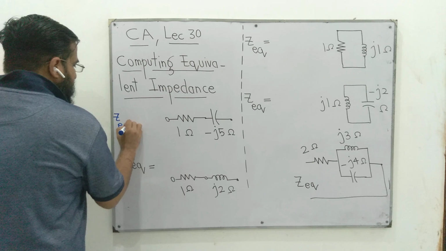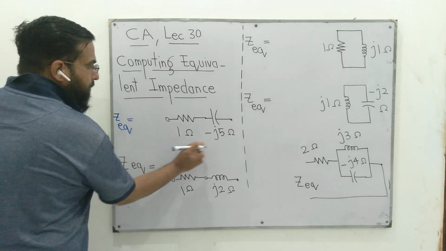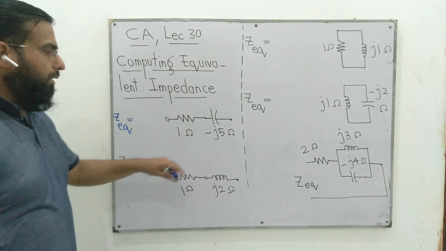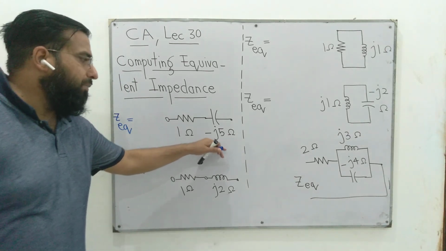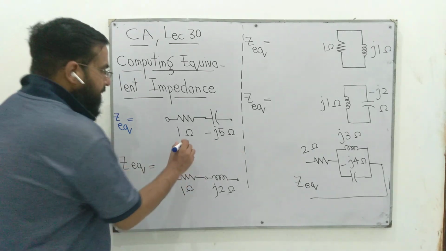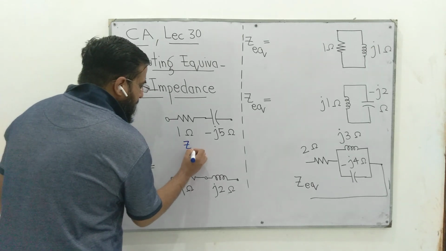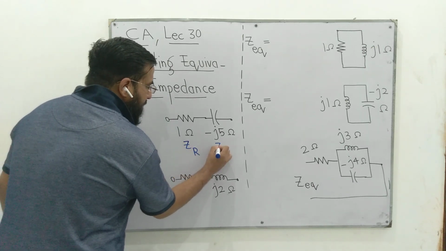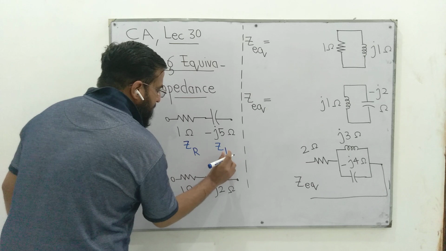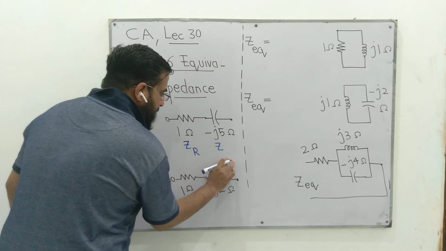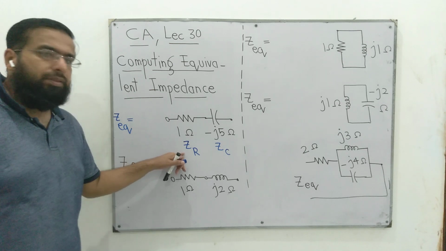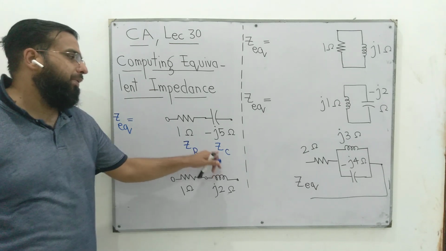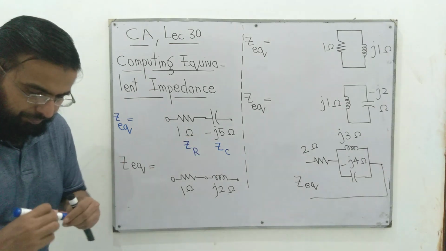we have a resistor of value 1 ohm in series with a capacitor whose capacitive reactance Xc is minus J5 ohm. This we generally write as CR and this as CC. This impedance is 1 ohm, this impedance is minus J5 ohms.